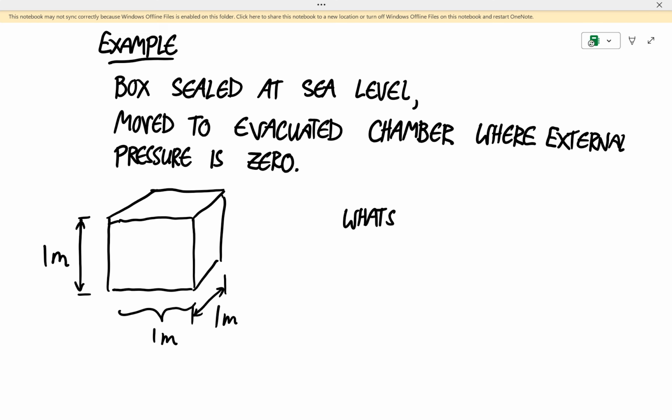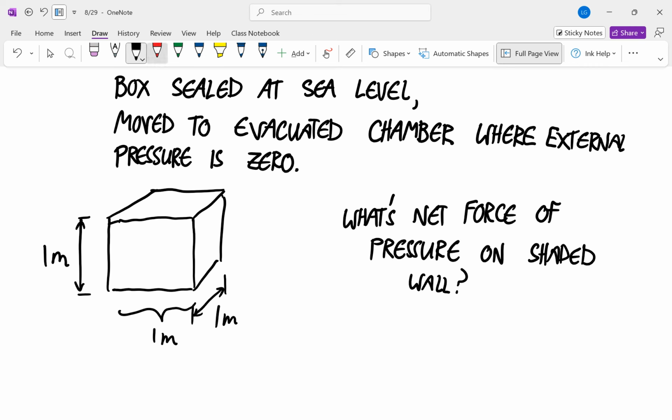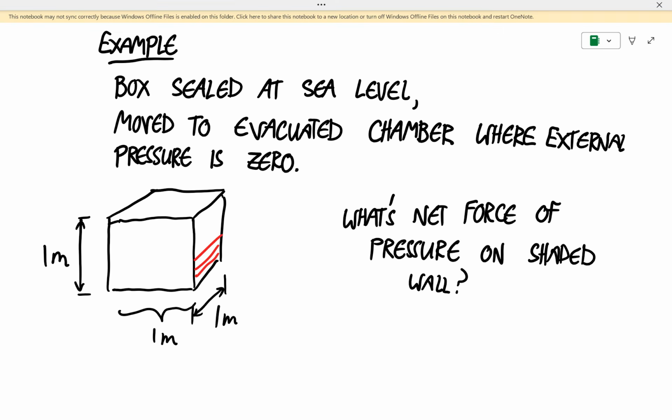And we want to figure out what's the net force of the pressure on the shaded wall. So here's the wall we're going to do this for.